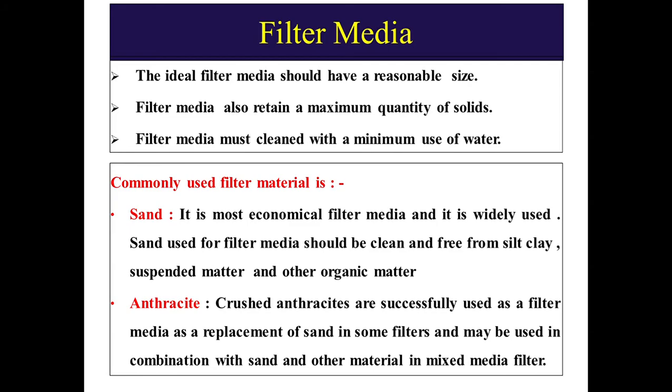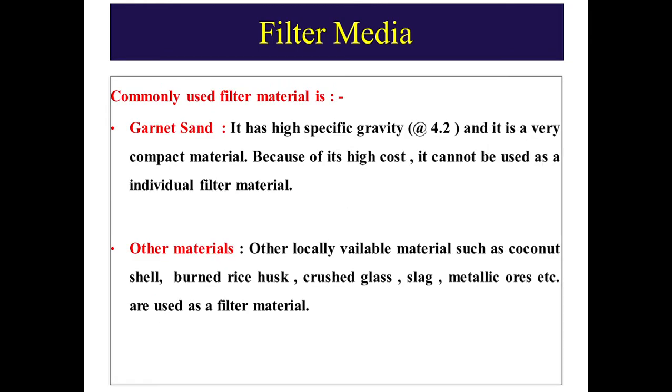Second material is anthracite. Crushed anthracite is successfully used as a filter media as a replacement of the sand in some of the filters and may be used in combination with sand and other materials in mixed media filter. Third material is the garnet sand.